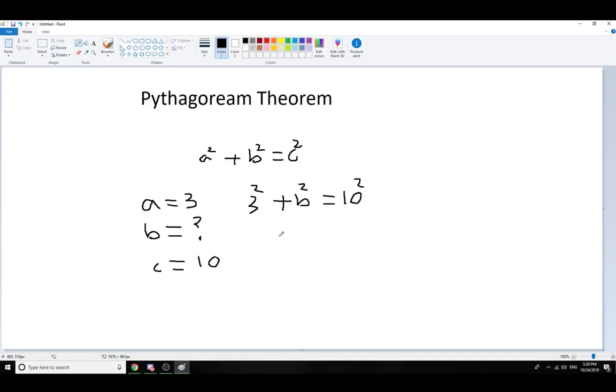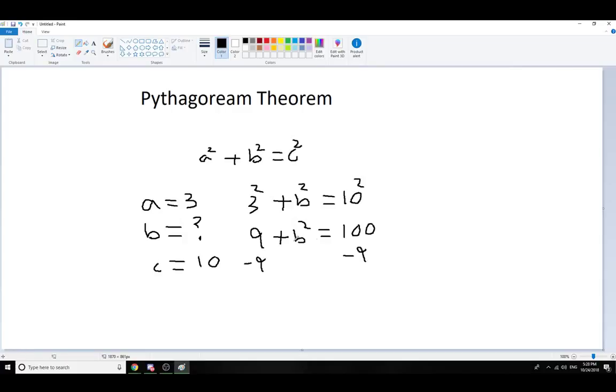So all we have to do first is, let's multiply these out. So 3 times 3 is going to be 9 plus B squared equals 10 squared, which equals 100, right? 10 times 10 is 100. So we're going to subtract 9 to get B by itself, right?